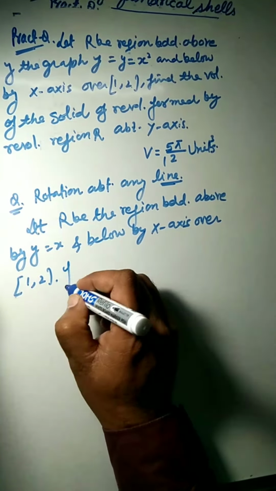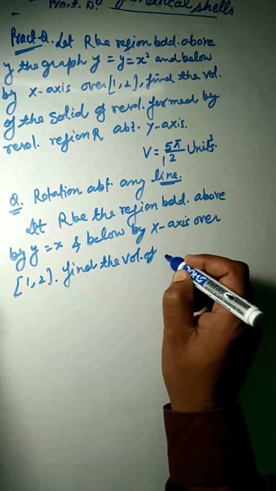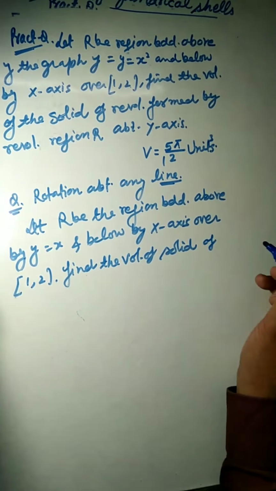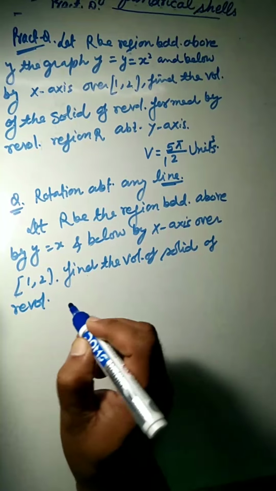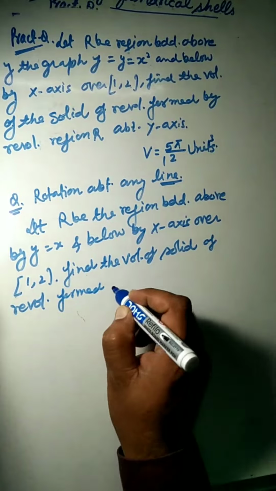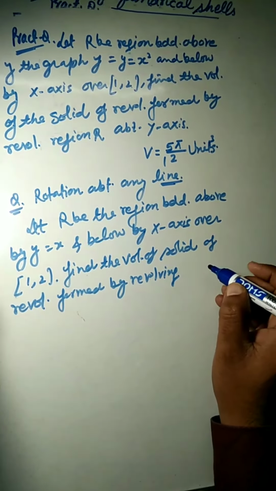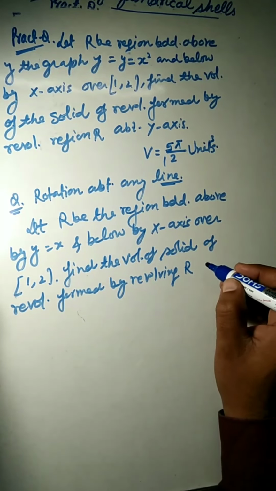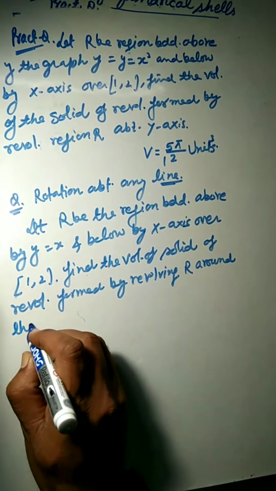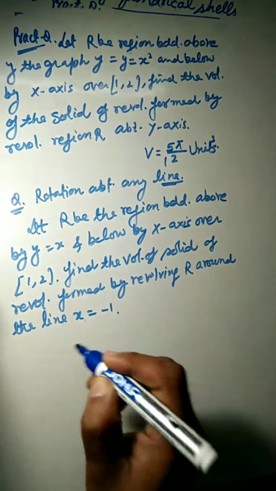Find the volume of the solid of revolution formed by revolving R around the line x equals -1.